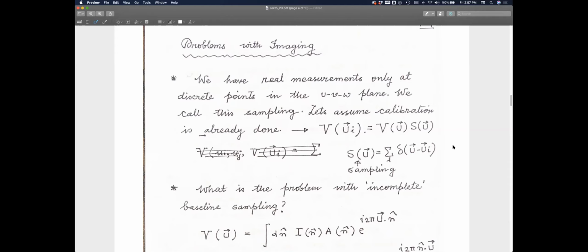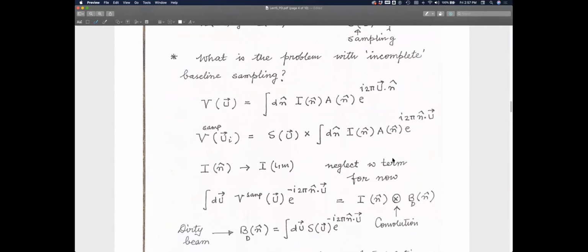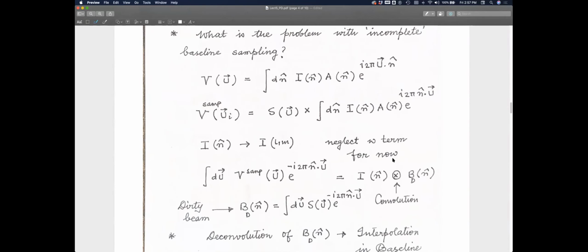And the sampling function is usually written this way. If that grid point is filled, you call that grid point filled. So that's why there is a delta function. And obviously there are many measurements, so I goes over all the measurements. So what is the problem with incomplete baseline sampling, something that you have already learned, but let me repeat it again.